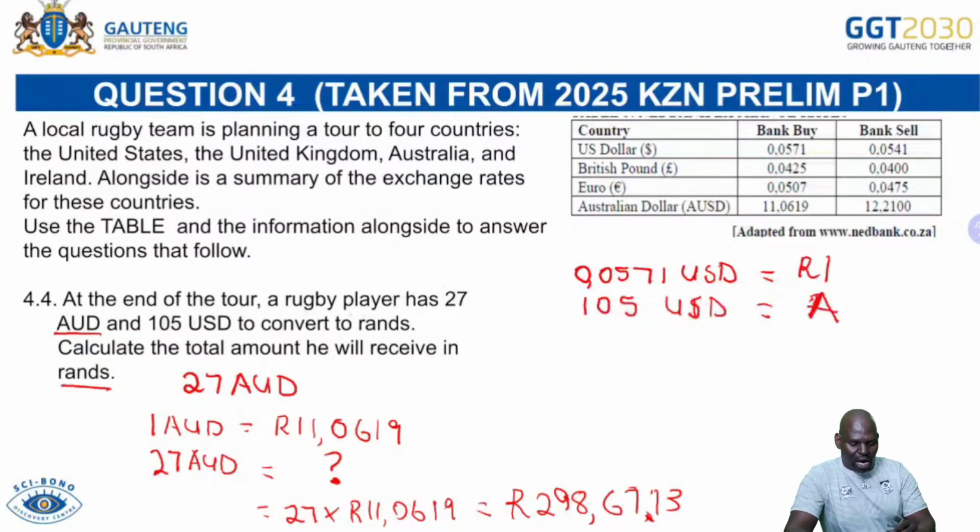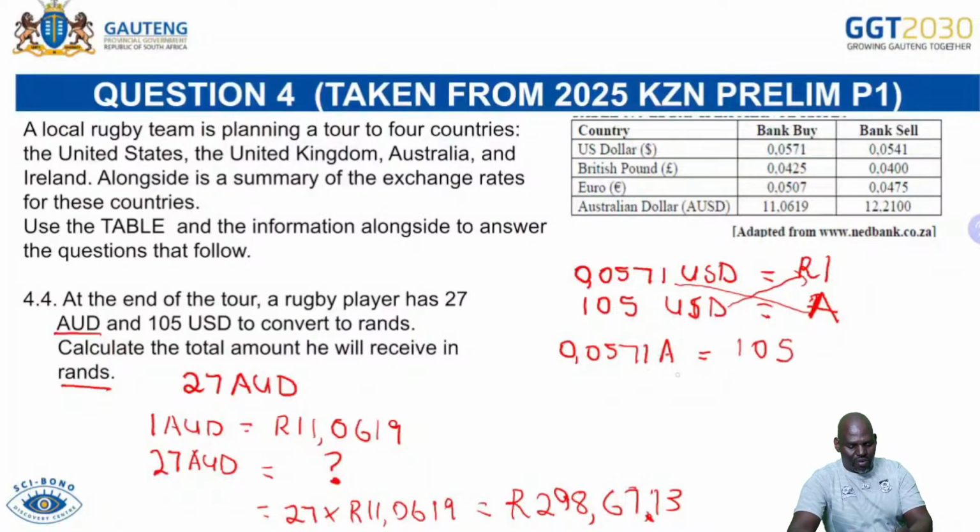Then I cross multiply. Let us just ignore the units. A multiplied by 1, and 0,0571 multiplied by A equals 105 multiplied by 1, which is 105.